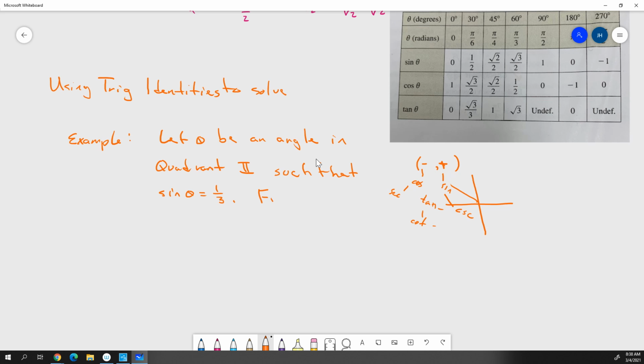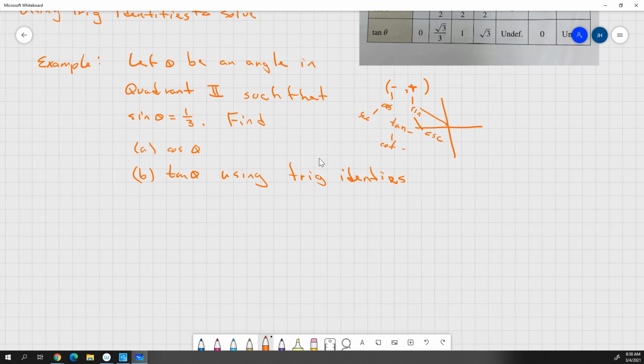And we want to find A, cosine of theta, and B, tangent of theta, using trig identities. That means no calculators. And I will know because you won't be able to show me your work if you don't. I totally spelled identities wrong.